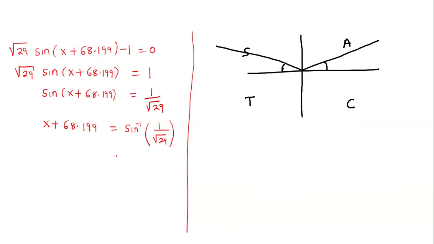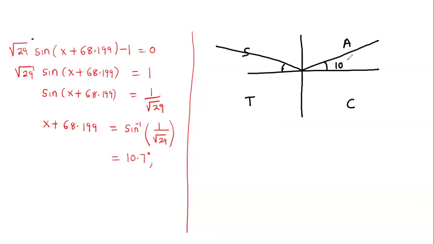So here when you place your calculator to get 1 divided by root of 29, and you get the sine inverse, from my calculator here, I'm going to get 10.7 degrees. Now 10.7 degrees is always your first angle in this quadrant.